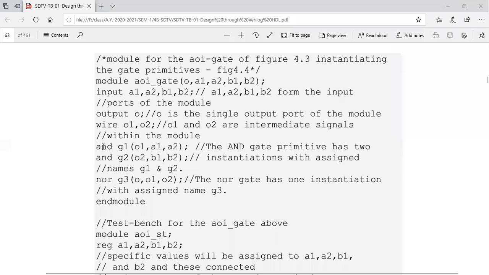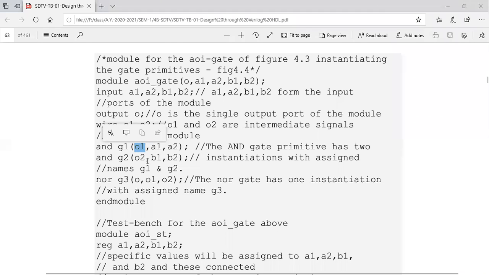So that means I am instantiating an AND gate two times: an AND gate with the gate name G1 and an AND gate with the gate name G2. What is my wire here? I will get some output from A1 and A2. It will perform some AND operation and get a value as output, which is a temporary signal stored in O1.